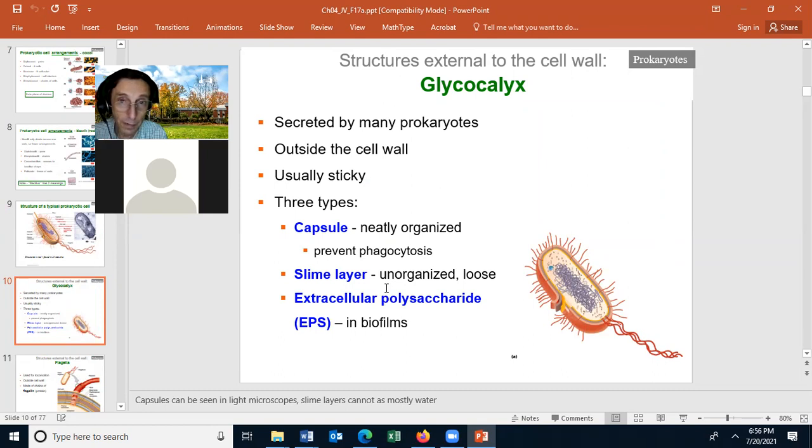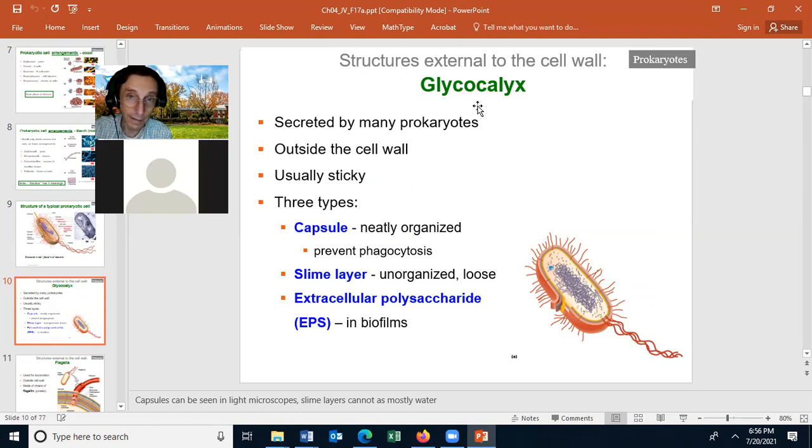There is a 3rd type of glycocalyx, and it is only seen in cells that make a biofilm. The extracellular polysaccharide of the biofilm is made by the bacteria and secreted outside the cell, and that is considered a glycocalyx.